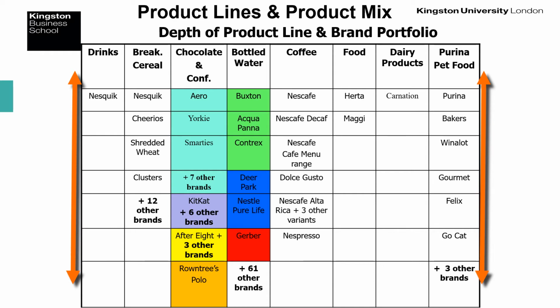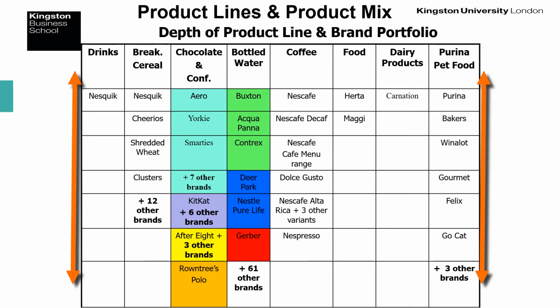So we started out by looking at drinks, and we saw that there was only one product line there, chocolate-based drinks, and there's only one brand, Nesquik. So not a product category that Nestle has great depth in. However, the Nesquik brand has been extended from Nesquik chocolate powder drink that you mix with milk and ready to drink equivalents, into a different product category.